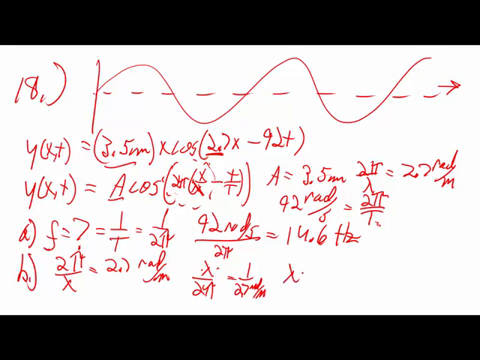And so lambda then is equal to 2 pi over 2.7 radians per meter. And what do you get? Well, you get 2 times pi divided by 2.7, and you get 2.327. We might round it up to 2.33. So we get 2.33 meters, okay? So that's how you do the wavelength, okay?